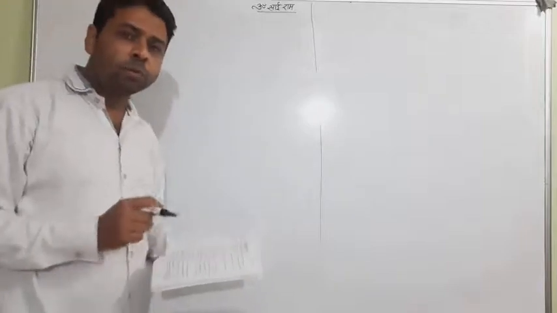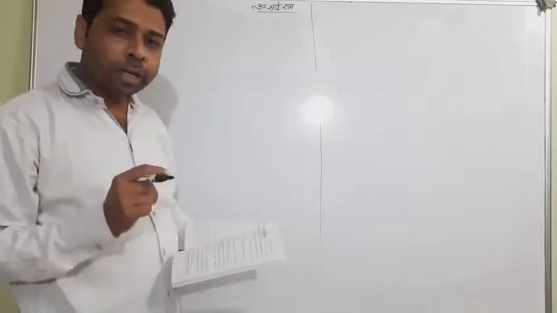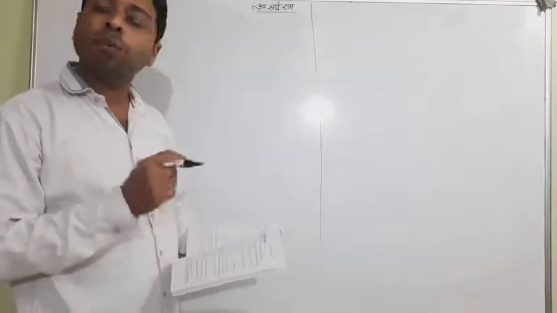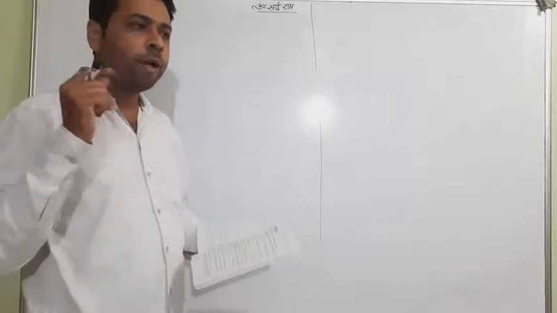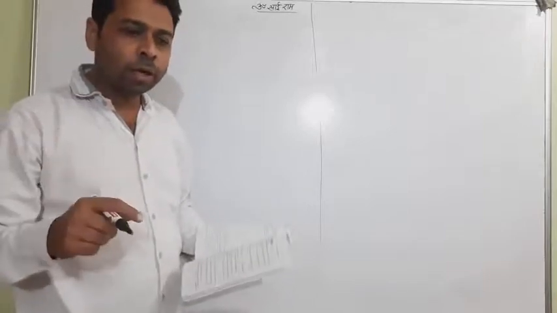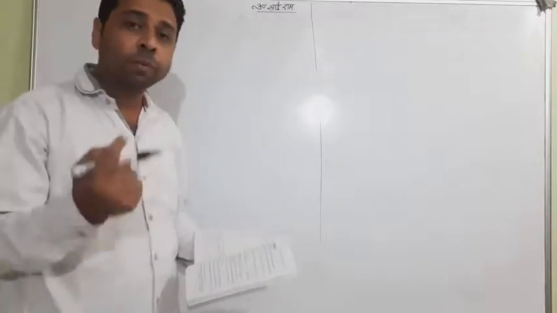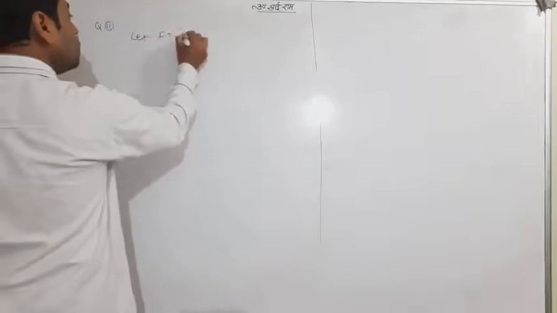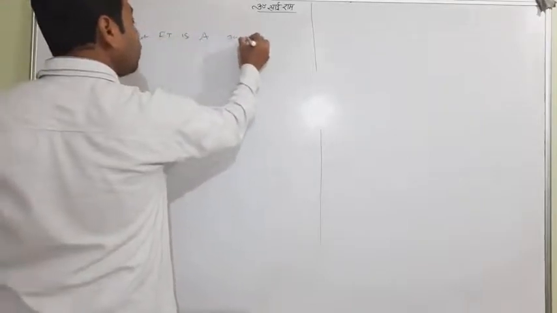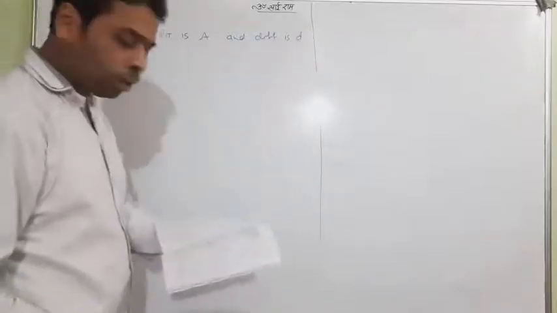One thing I want to tell you: when the symbols small a and small d already appear in the question, take the first term with a changed style. Normally we take a as the first term, but this time you will take a capital A. Let the first term be capital A and the common difference be capital D, because capital D is not used anywhere in the question.